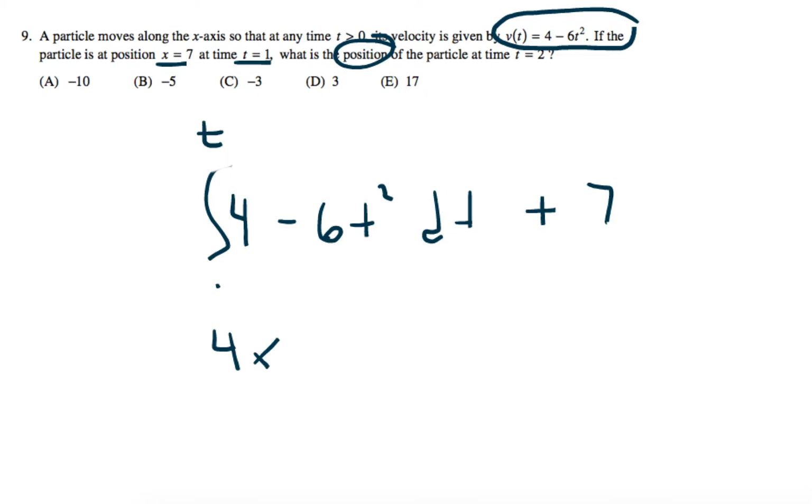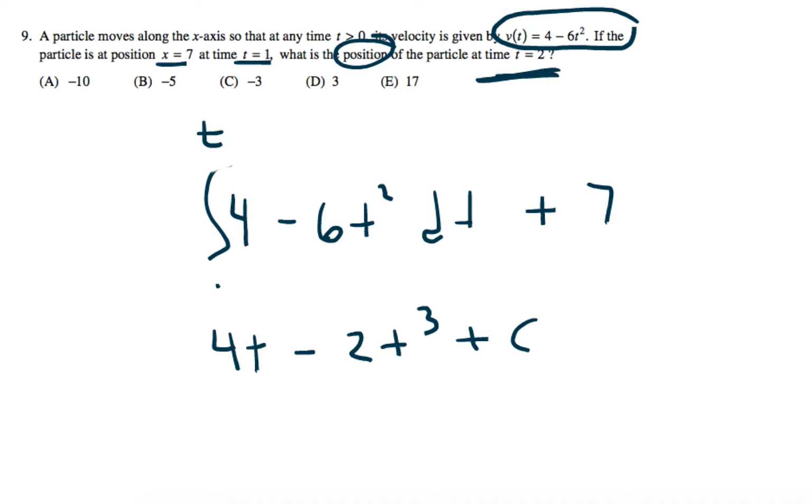And our antiderivative is going to be 4t minus 2t cubed plus c. Now the plus c matters, okay? Why does the plus c matter? Well, it matters to solve for it because we're going to need to understand what the value is at t equals 2.